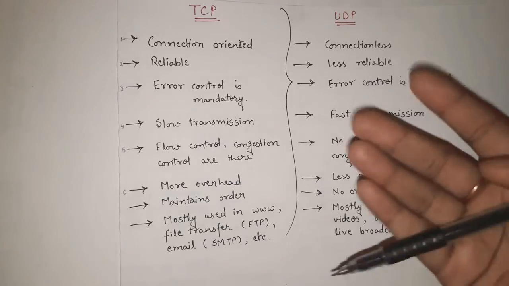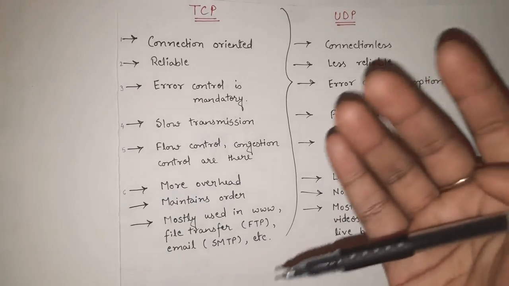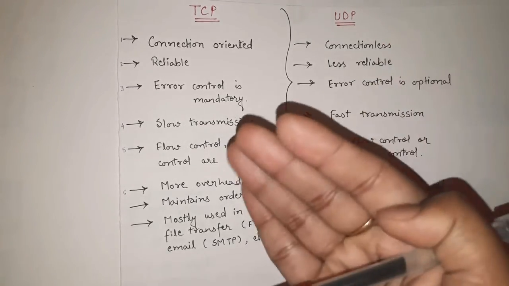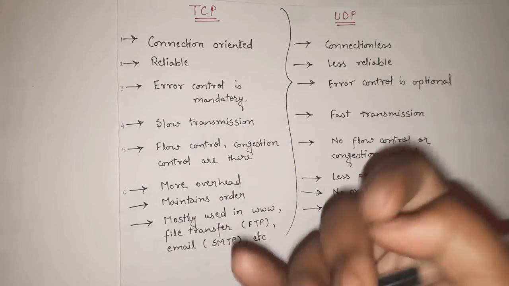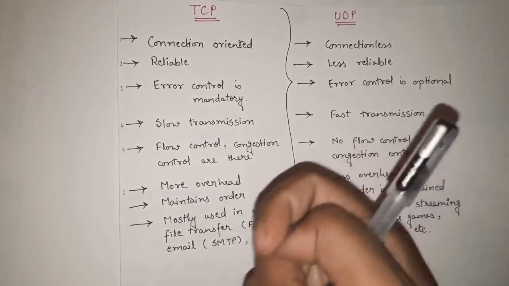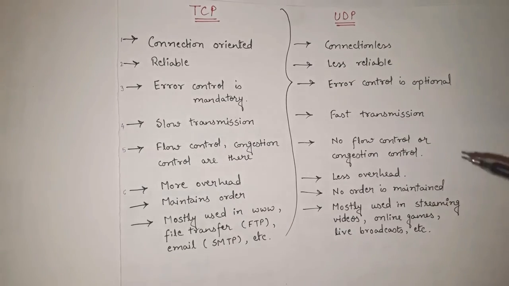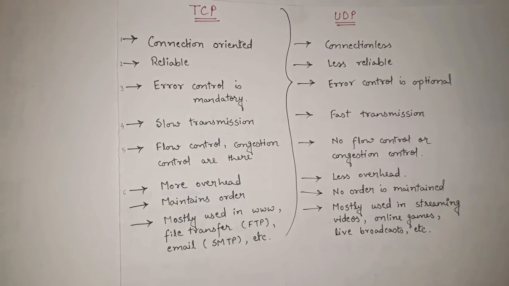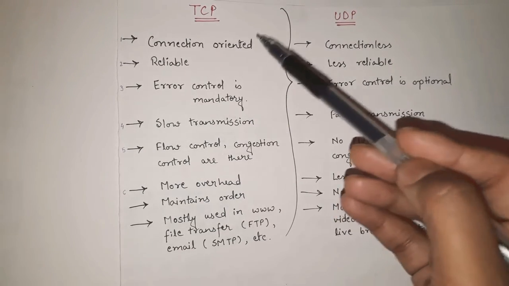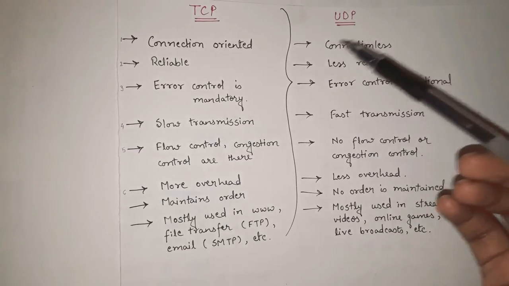What do we mean by connectionless? Whenever it gets any data from the application, it will simply start the transmission. Like one port got the data from the application, then without waiting for anything, it will simply start the transmission. This is how UDP works, and so we can say that UDP is connectionless. Fine. So the first difference is TCP is connection oriented and UDP is connectionless.